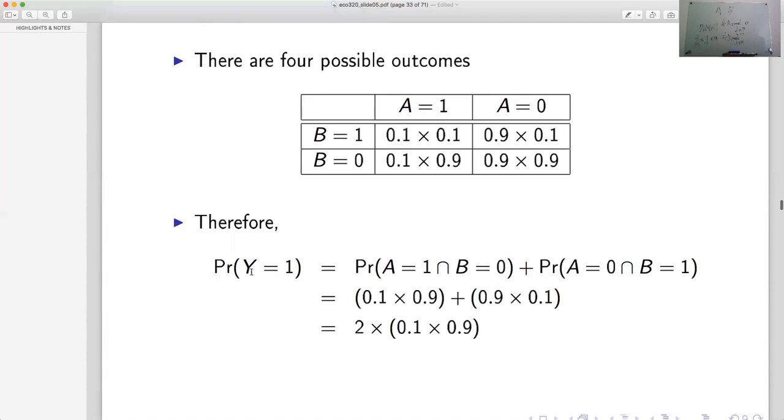But we are looking for Y equals 1, so they cannot cancel at the same time, and neither of them should be canceling. So it should be this one or this one, and you should add these two. In other words, that is 2 times 0.1 times 0.9.